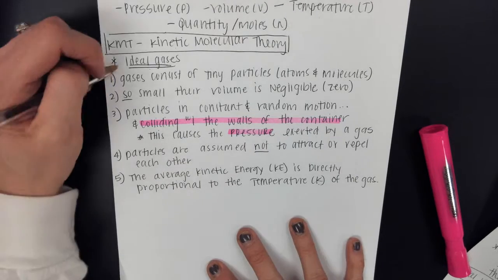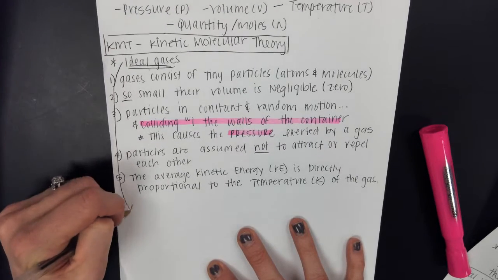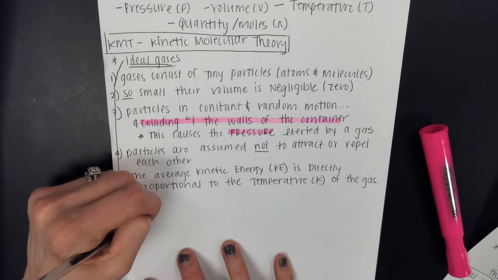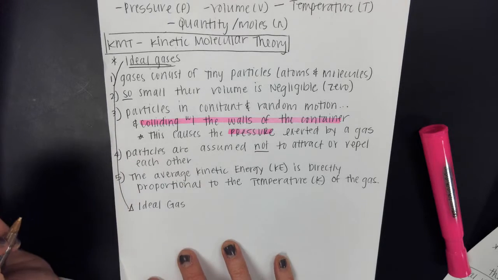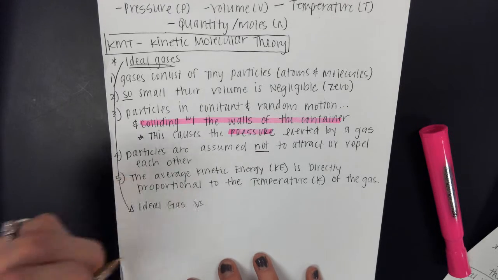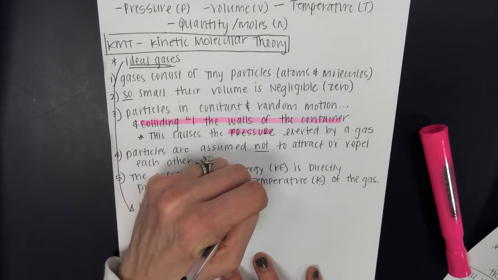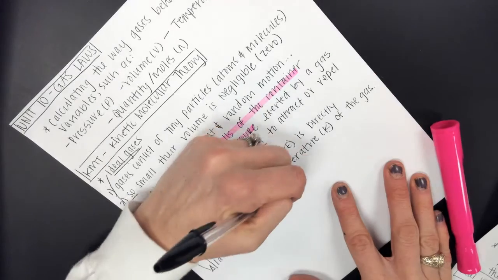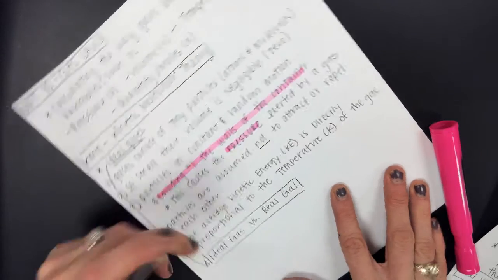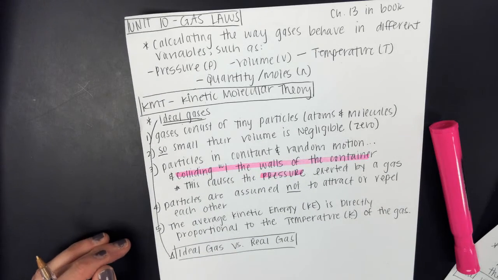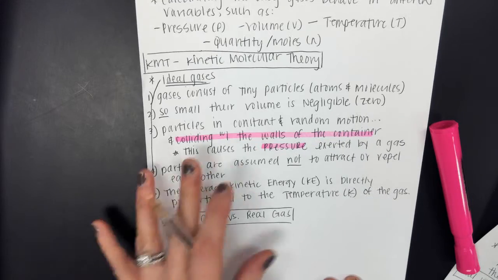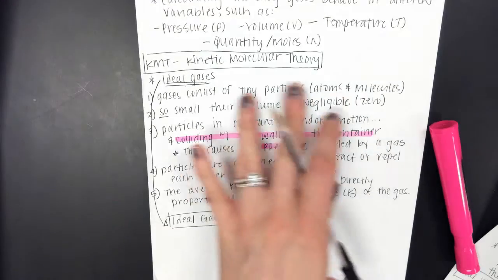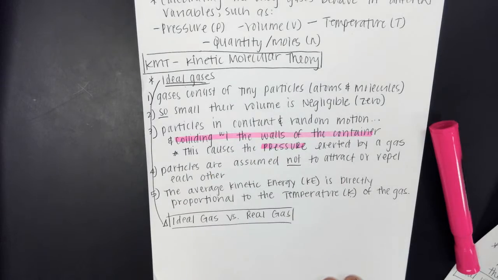So let's talk for a second more about ideal gases. You need to be sure you understand that an ideal gas is very different than a real gas. Ideal gas behavior is what we just described with the kinetic molecular theory.